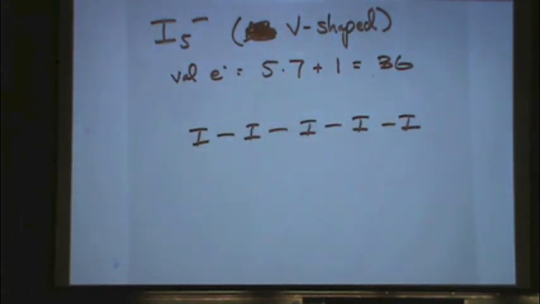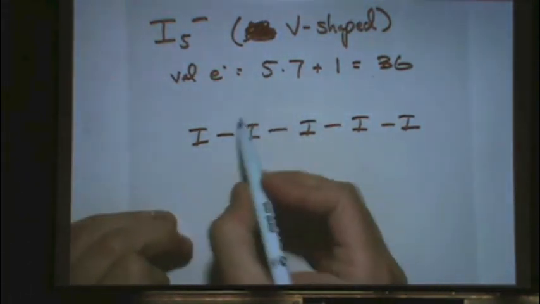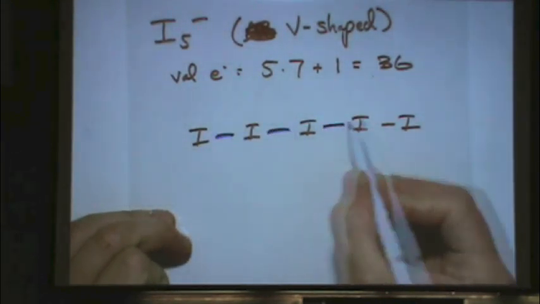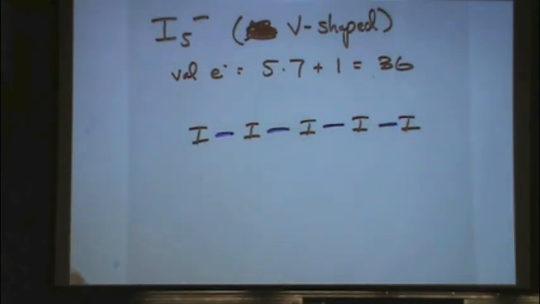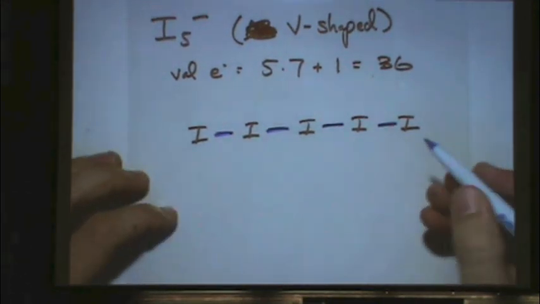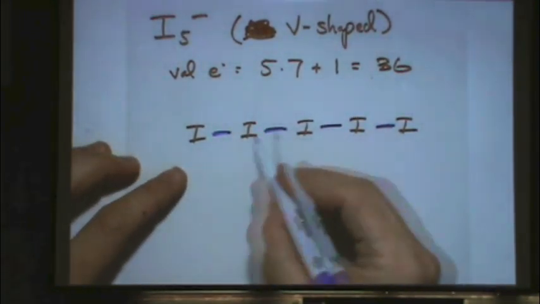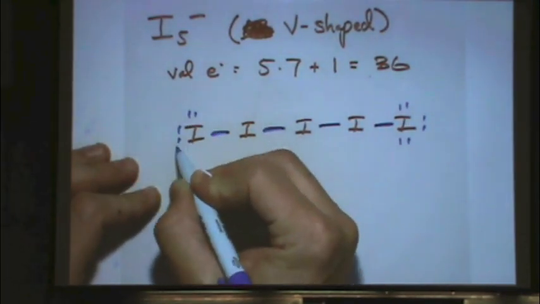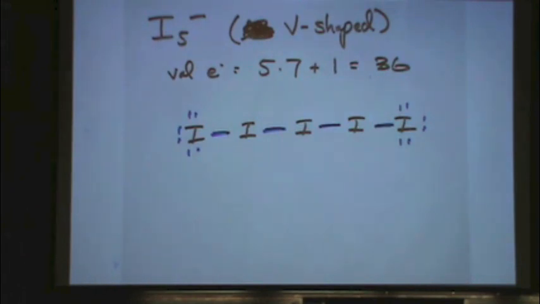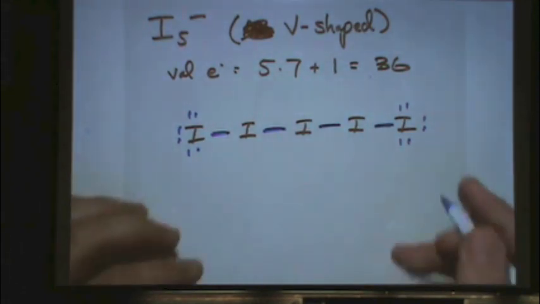Let's put the lone pairs on. First I draw the skeleton, that's how I always start. 2, 4, 6, 8 of 36 electrons used just to draw the skeleton. Now let's do the lone pairs. 2, 4, 6, 8, 10, 12, 14, 16, 18, 20. Remember, I do the outermost first, 20 of 36.